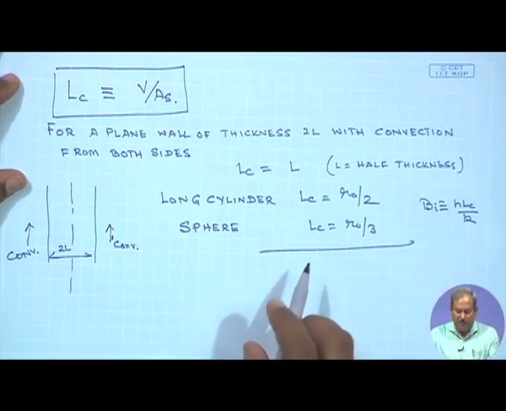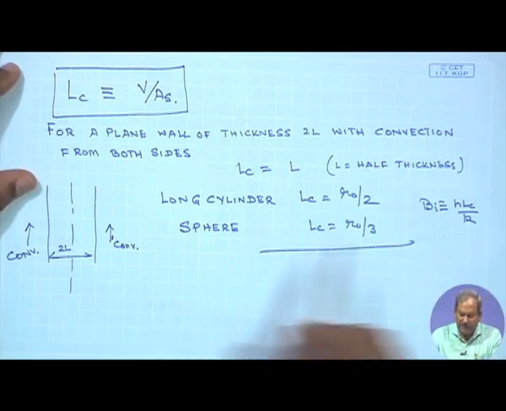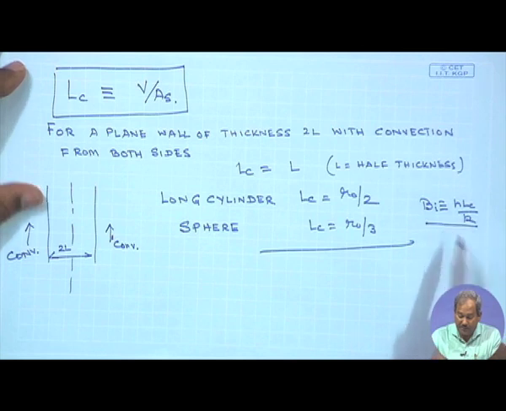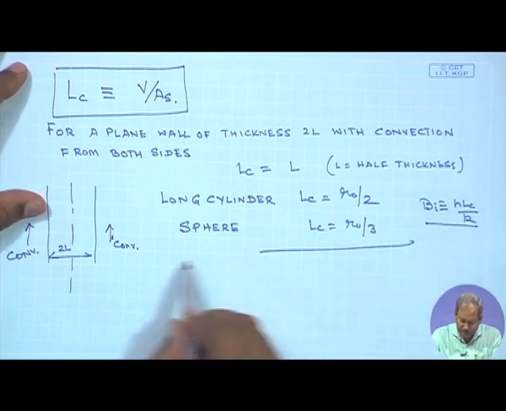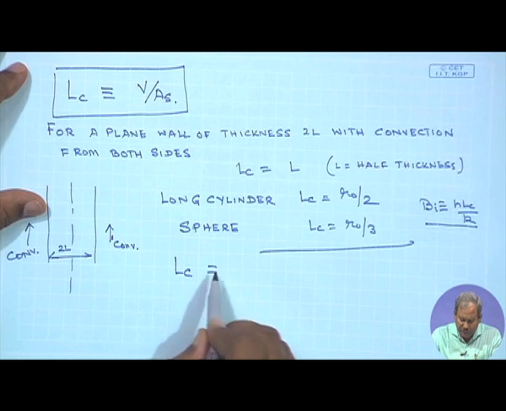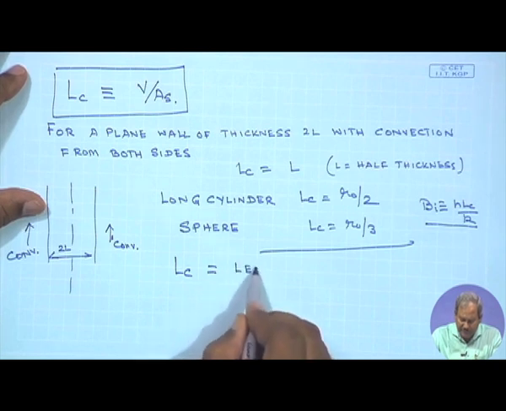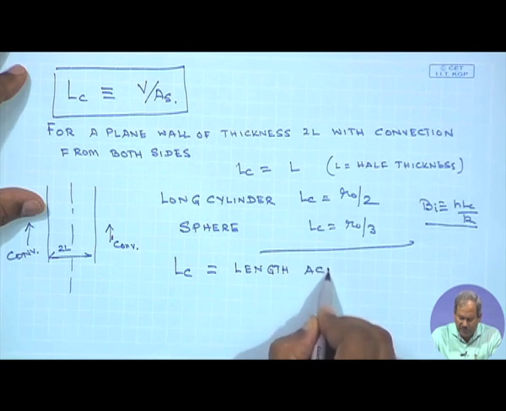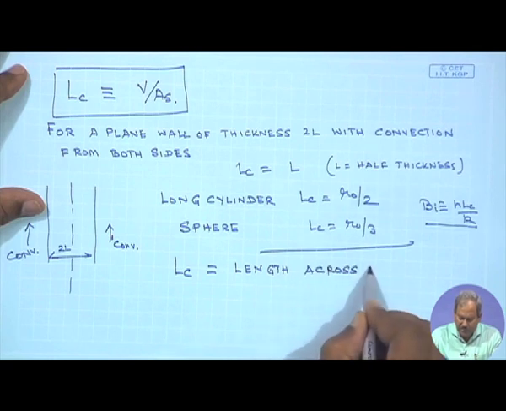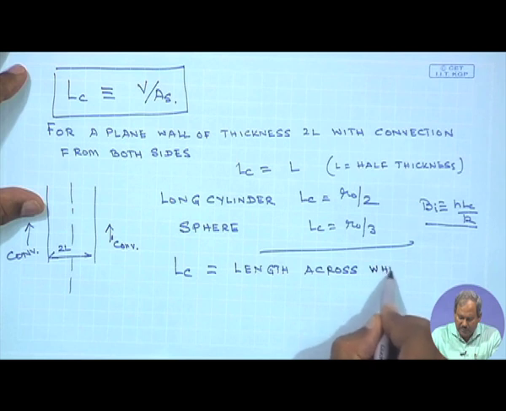But the common practice, to make your assumption more conservative, is that the length scale is chosen as the length across which the maximum temperature difference takes place.